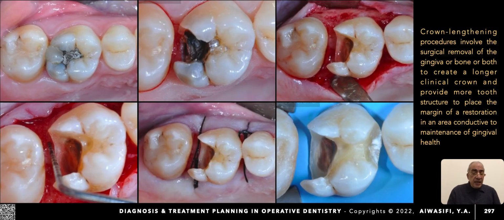This is a clinical case showing a defective mix of composite and amalgam restoration. When we removed it, we discovered that our margin would have to extend to violate the biological width. In such a case, the operator consulted the periodontist, and surgical crown lengthening was done, just to cut a little bit of the alveolar bone to drive the biological width away and get your margin higher.